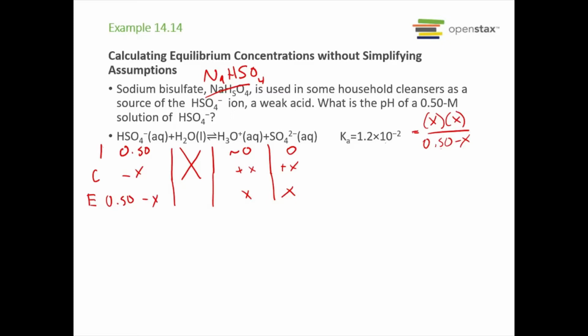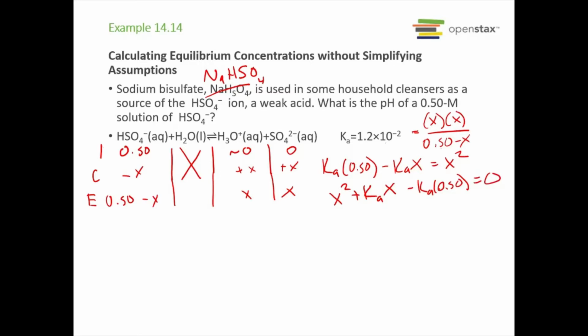Okay, so then we have that Ka times 0.50 minus Ka x is equal to x squared. So then we get that x squared plus Ka times x minus Ka times 0.50 equals 0.